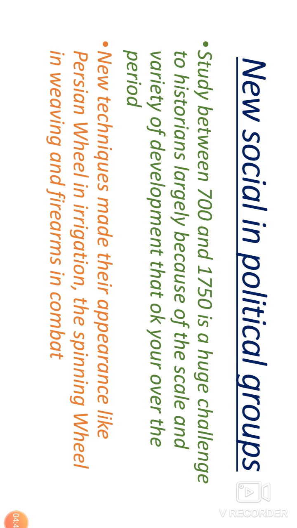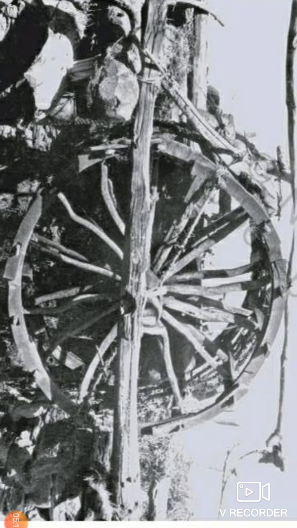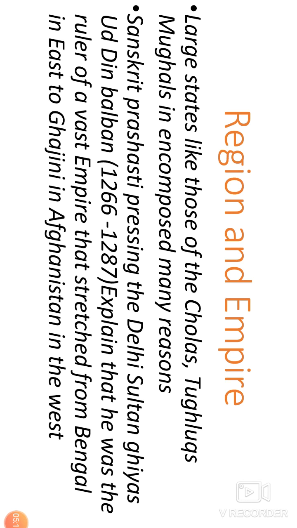New techniques also made their appearance, like the Persian wheel in irrigation, the spinning wheel in weaving, and firearms in combat. So new things were also invented and became part of society. That's how it became hard for historians to read about the past. Here you can see the Persian wheel.